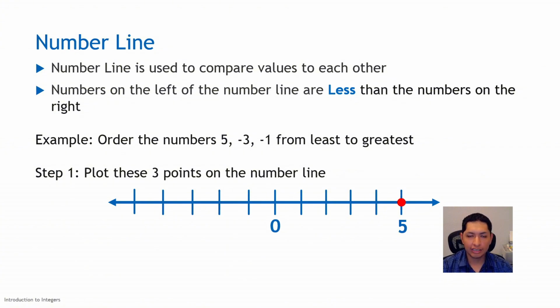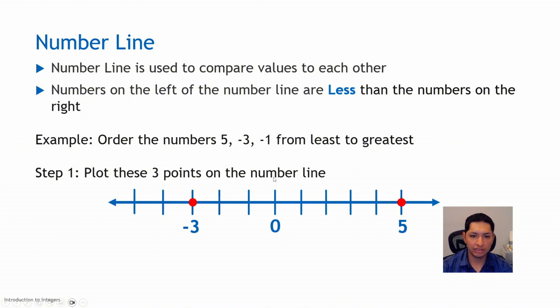The negative sign means to the left of the 0, and the 3 means how far away from the 0. So it is 2 pieces of information that tell you where to put it on the number line. Again, the sign tells you right or left from the 0, and the value tells you how far away in that direction. So following that logic, I count 3 spaces to the left from the 0, and I plot the -3 here.